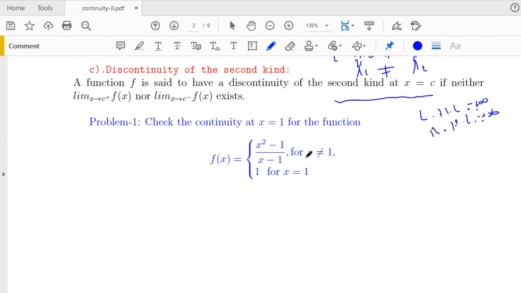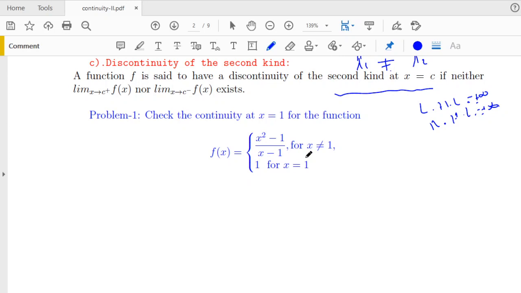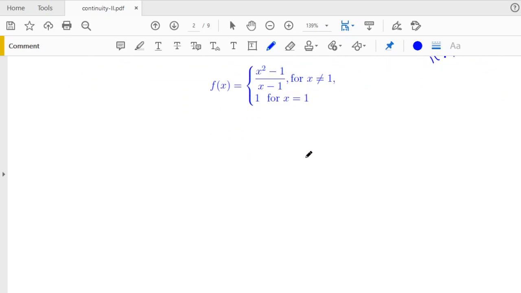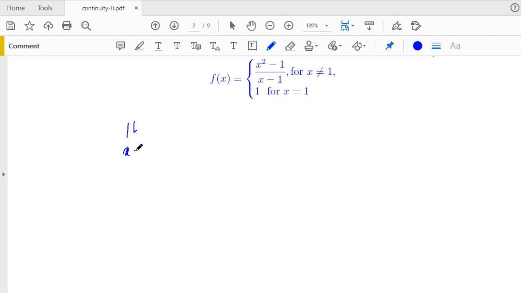Problem 1. Check the continuity at x equal to 1 for the function f(x) equal to (x square minus 1) by (x minus 1) for x not equal to 1, and equal to 1 for x equal to 1. Given that, first of all, find the limit value. Limit x goes to 1 of f(x) is equal to limit x goes to 1 of (x square minus 1) by (x minus 1).